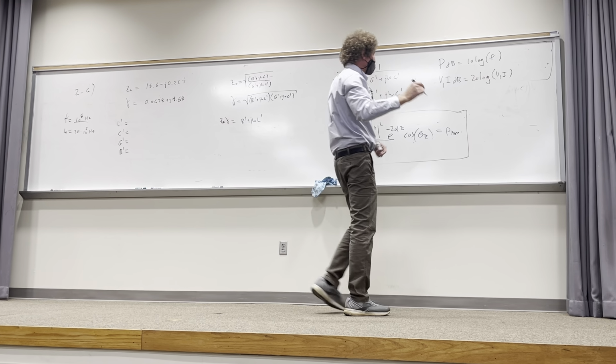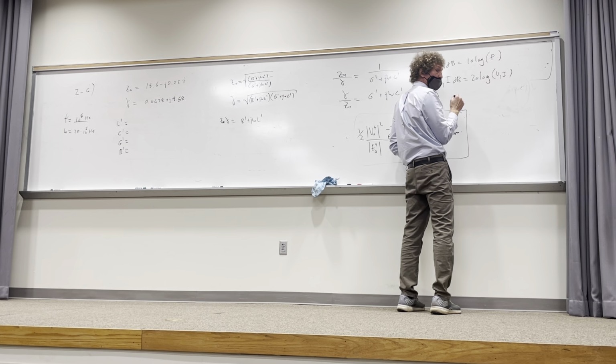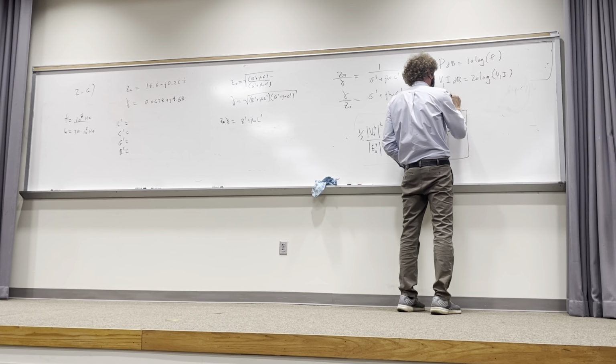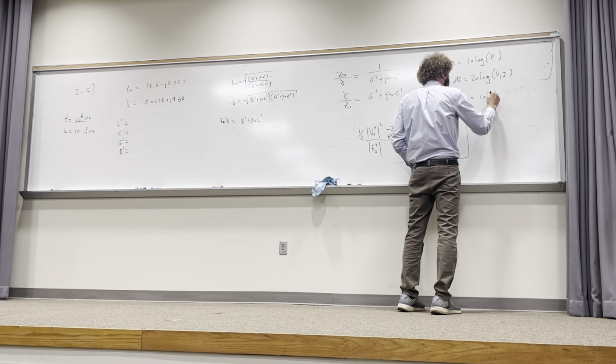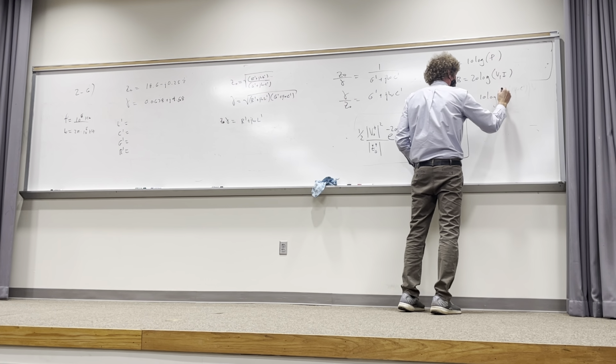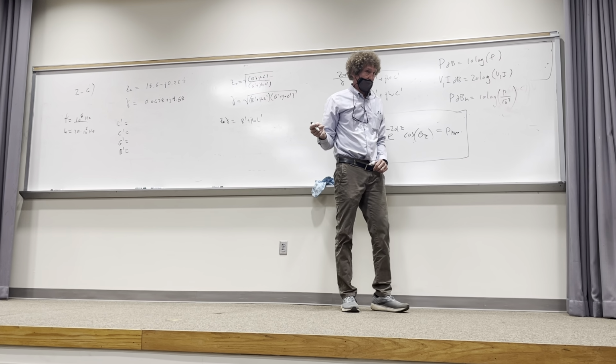Okay, dBm is simply a power quantity, but it is normalized to a value of 1 milliwatt. So power in dBm is 10 times log of the power quantity divided by 10 to the minus third, or 1 milliwatt. That's all it is.